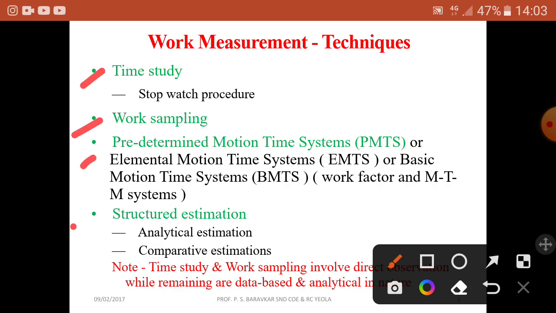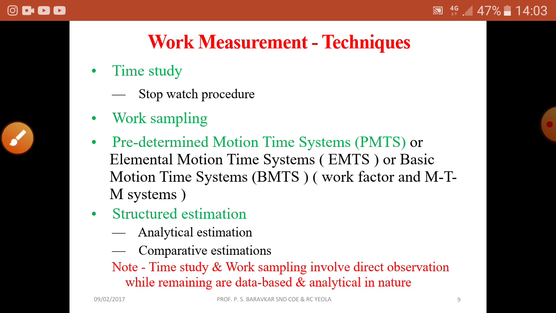Next one is structural estimation, which includes analytical estimation and comparative estimations. Note, time study and work sampling involve direct observation, while the remaining are data-based and analytical in nature. So we discuss the techniques.